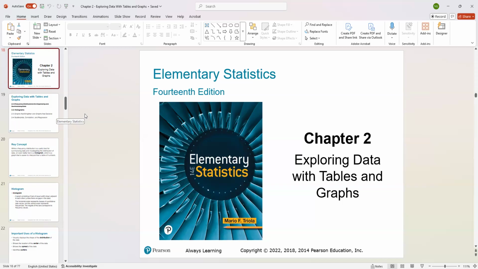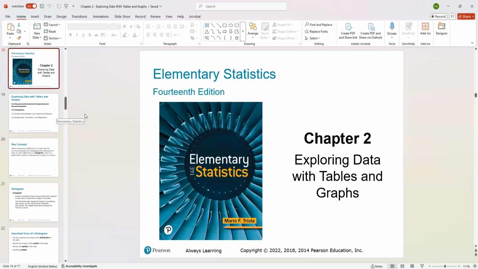For frequency distributions, we identify values like class width, class midpoint, class limits, lower and upper class limits, cumulative frequency, and relative frequency. We talked about all of this in the previous video.